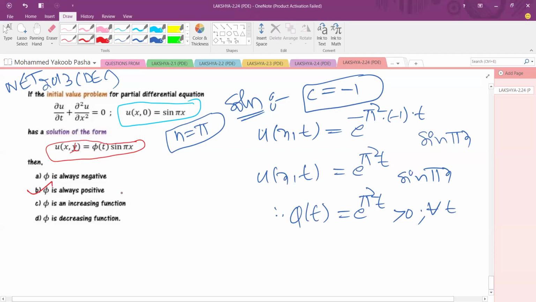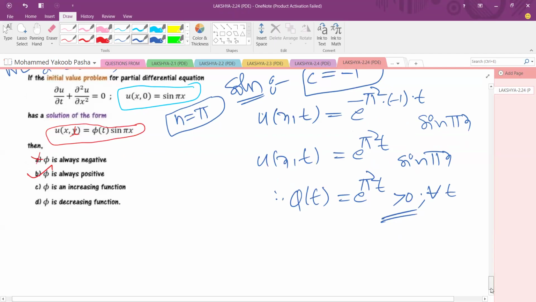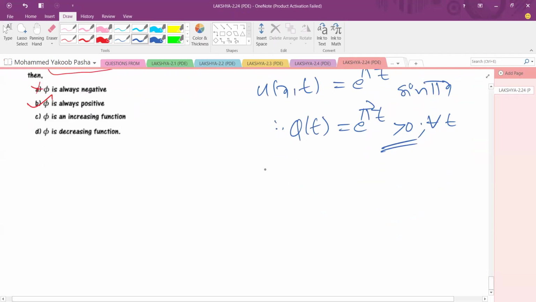So option B is the right option: φ is always positive. Negative is wrong. Now what about increasing and decreasing? When do you say that a function is increasing or decreasing? Using derivatives: find the first order derivative. φ'(t) is π² e^(π²t).